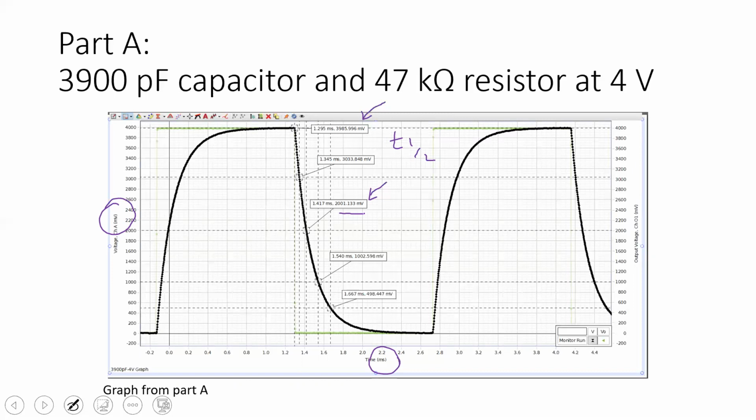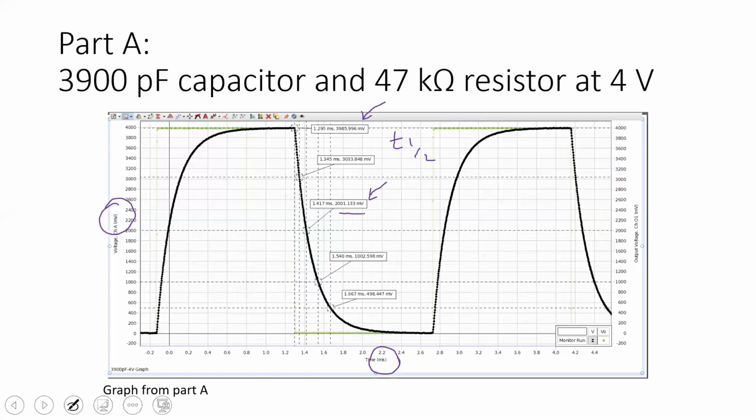That has to do with the precision of our measurement, right? Our Pasco system can only take data points so quickly, and so I missed the data point where it's exactly at 2,000 millivolts, or 2 volts. So that's going to be one of our sources of error, is just how precisely we can measure our time and our voltage here.